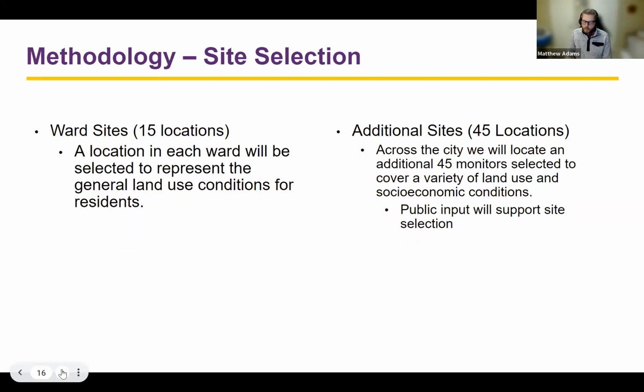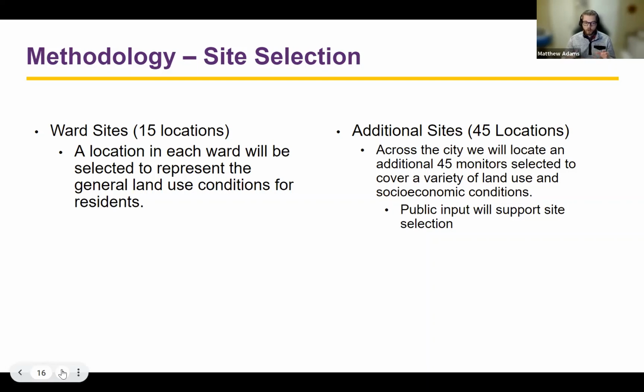This is still evolving, but this is how we're going to select our air monitoring locations that we will be visiting 4 times a year. So we're going to pick one location per ward. There are 15 wards in Hamilton, and for what I'll call ward sites, we're trying to represent the average land use conditions. So if it's a ward that is primarily downtown high density, we want to measure in a downtown high density area.